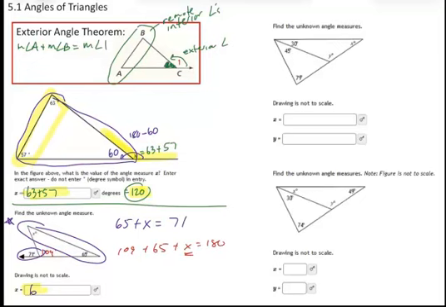You would be adding 109 plus 65, which is 174, so if you subtract 174 from both sides, you get the same answer. So you can still do these problems using triangle sum, but if you understand that the exterior angle theorem gives you a shortcut to work with, it might save you some time.